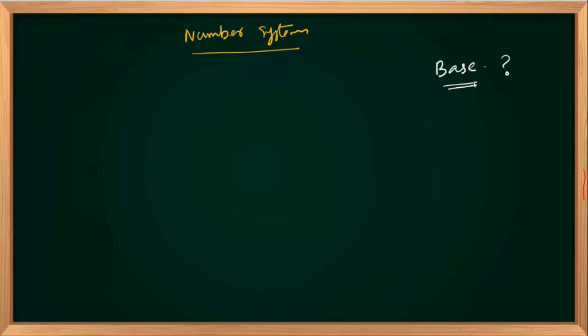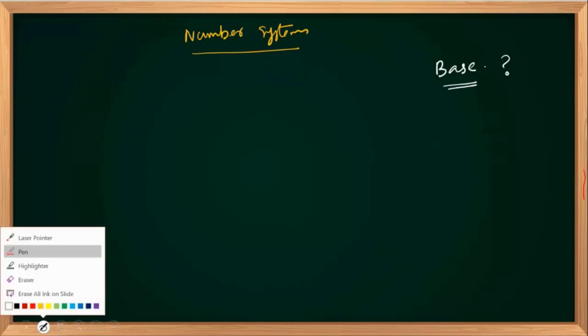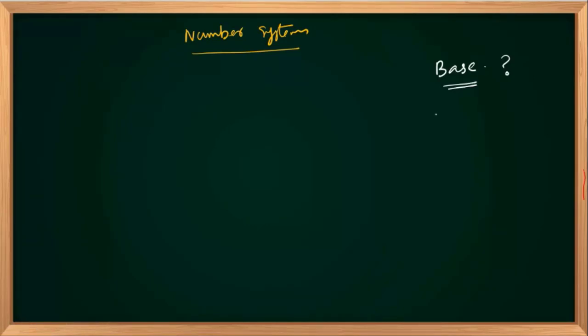Base 10 implies that in the decimal system we are using 10 symbols. They are 0, 1, etc., up to 9. A total of 10 symbols. So the base of any number system is nothing but the number of total symbols used in the system.